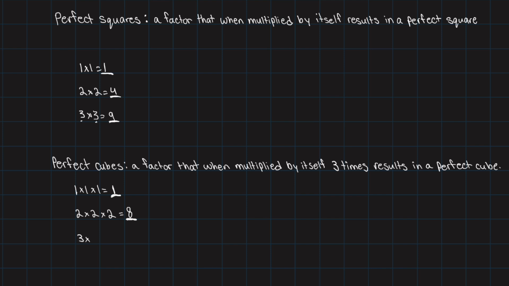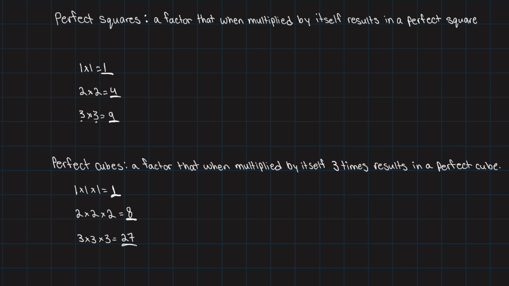Same thing with 3 times 3 times 3 gives you 27, so 27 is also a perfect cube. Same with 64, 125, 1000. Those are all perfect cubes because their prime factors, when they're multiplied by themselves 3 times, give you that number. So that makes it a perfect cube.